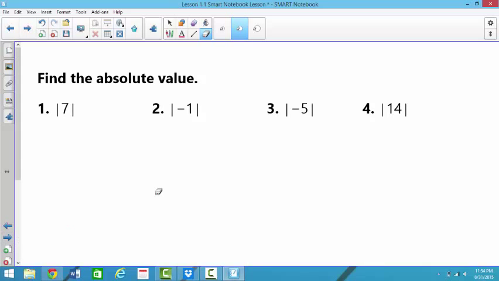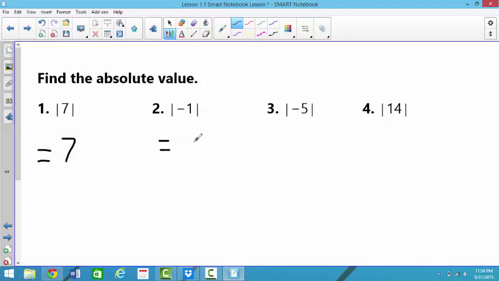Now we want to find the absolute value of these numbers. If you need to draw that number line, you can, but by now maybe you figured out that the absolute value of all of these numbers is going to be the positive of that number, because absolute value is distance, and distance is always positive. So the absolute value of 7 is 7.